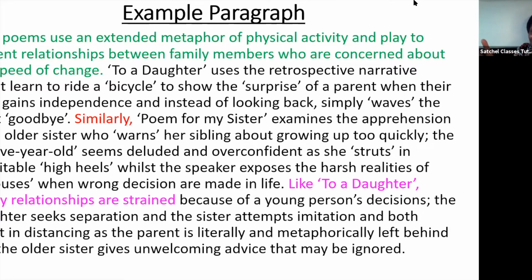So you can see that the comparisons are quite specific, they're quite close, and because it's clear and developed and well supported and detailed and explained, then hopefully this will strike level 4 or level 5, which is a grade 5 or a grade 6, because it's specific, it's clear, and the connections are really well sought.